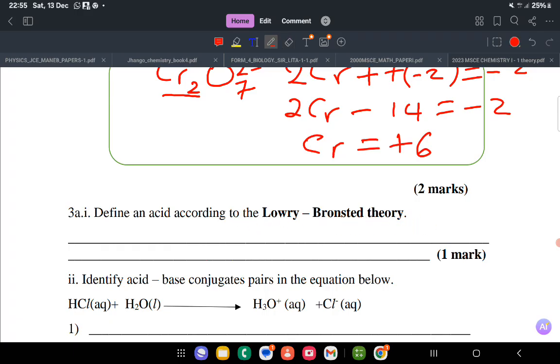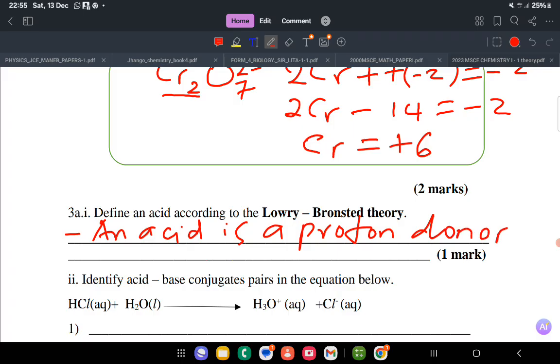So straight away, without wasting much time, an acid is a proton donor. Okay, so they may also ask you to define a base in the same way using the Lowry-Bronsted theory. A base is a proton acceptor.